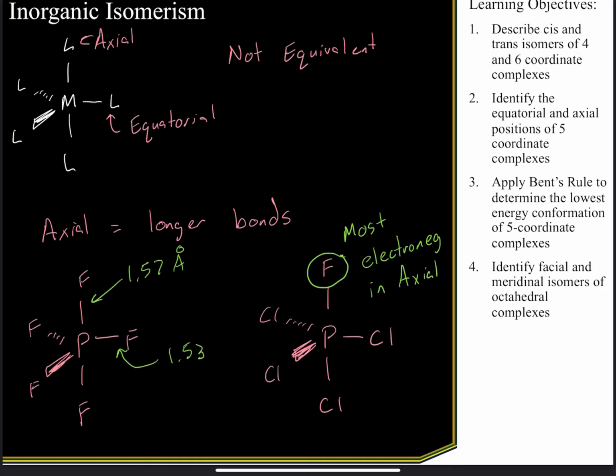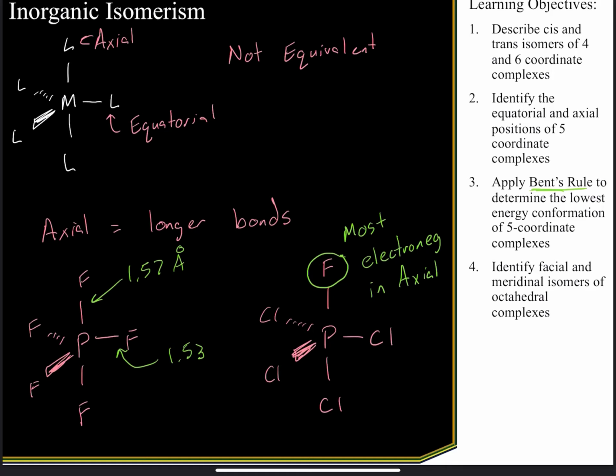This is an application of Bent's rule that is behind a number of things that you might have been seeing all the way back through Gen Chem, but maybe you didn't know that's what you were really seeing. Whenever we have the option, we want to put our most electronegative atom in our axial position.